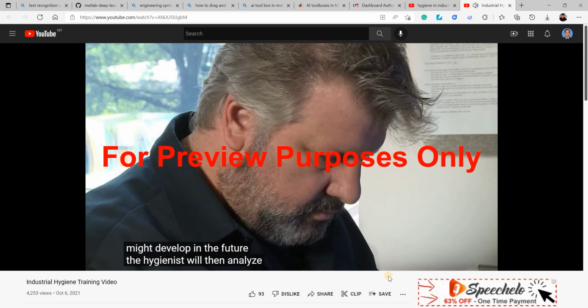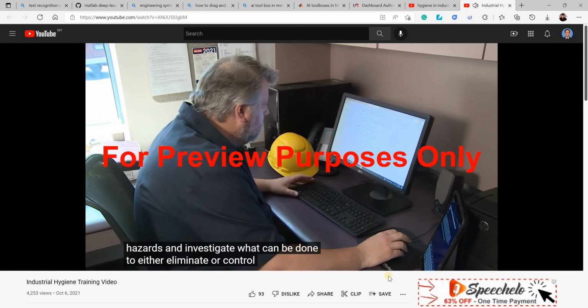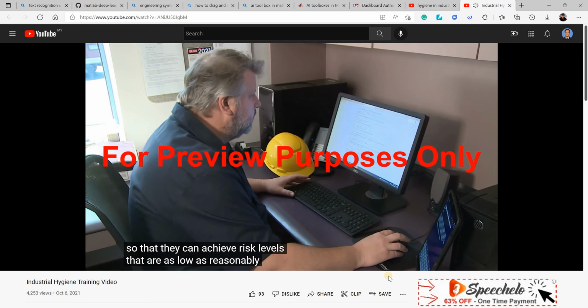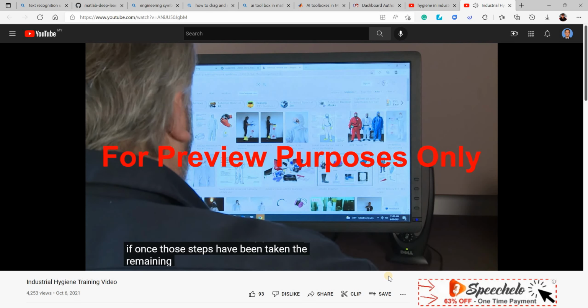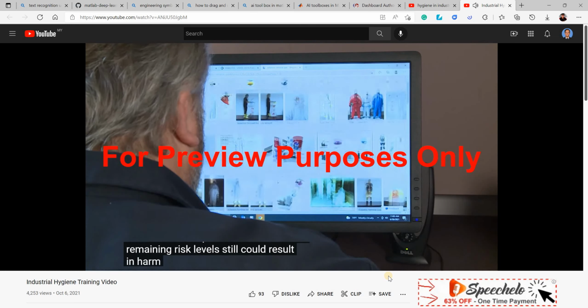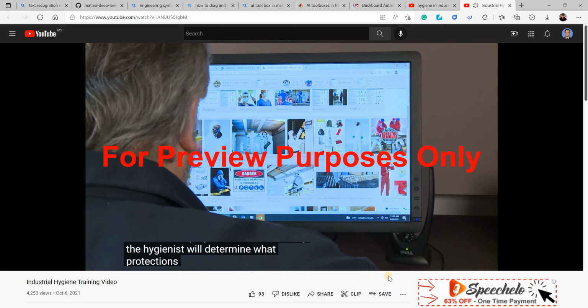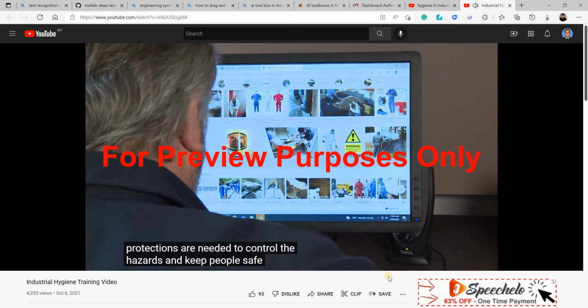The hygienist will then analyze the hazards and investigate what can be done to either eliminate or control them, so that they can achieve risk levels that are as low as reasonably practical. If once those steps have been taken, the remaining risk levels still could result in harm to employees or the community, the hygienist will determine what protections are needed to control the hazards and keep people safe.